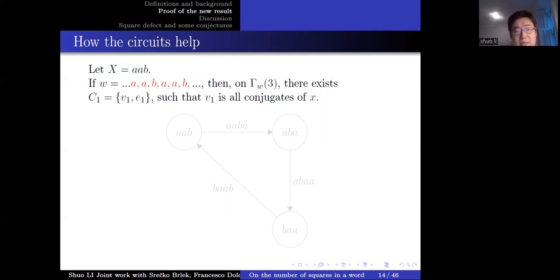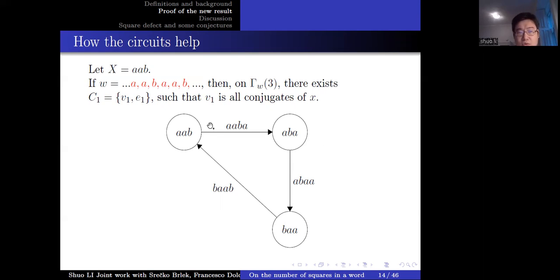If we let W be a finite word containing X square, then in fact, we can easily find a closed path which goes through all the conjugates of the word X and returns to itself. So this closed path will form a sequence like this, and this sequence will be found on the Rauzy graph with index the length of X.